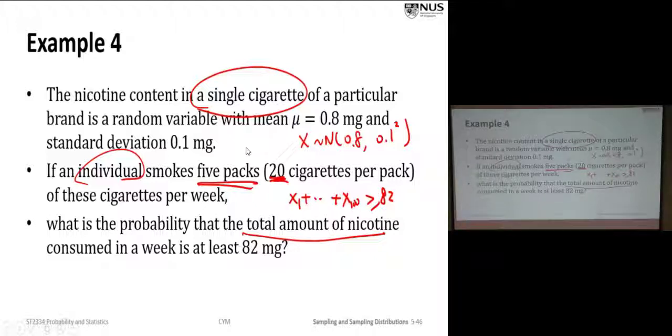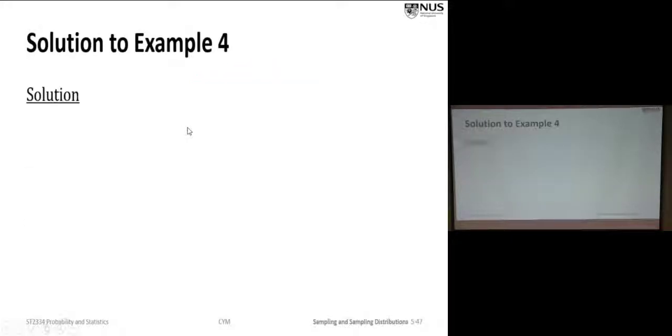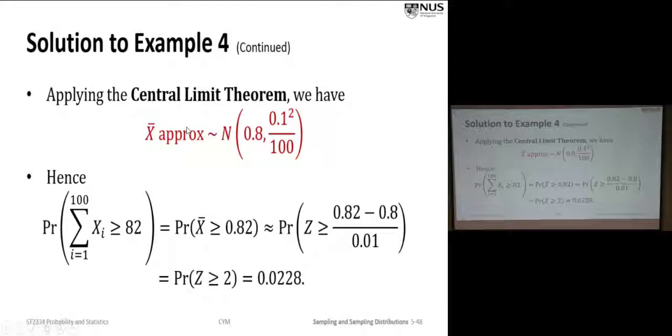There is no normal distribution mentioned, and it's okay, because the sample size is big, we have 100 of them, so we can approximate using the central limit theorem. If you are told that the amount follows a normal distribution with mean 0.8 and standard deviation 0.1, then X bar will follow a normal distribution. It's not an approximation. All right, so this one is just like before, and then we can work it out.